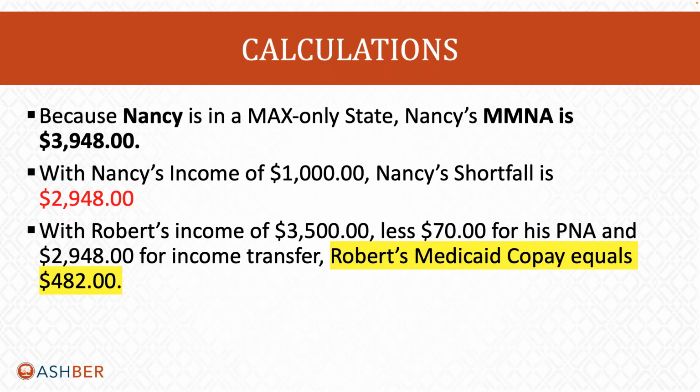So that difference, that $2,948, is going to get taken from Robert's income on a monthly basis and transferred over to Nancy. In addition to that, Robert is going to allocate $70 for his personal needs allowance to use for himself for his non-medical expenses, basically. And so that's going to leave Robert with a Medicaid copay of $482.